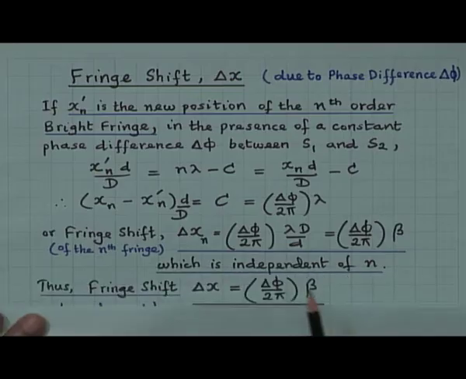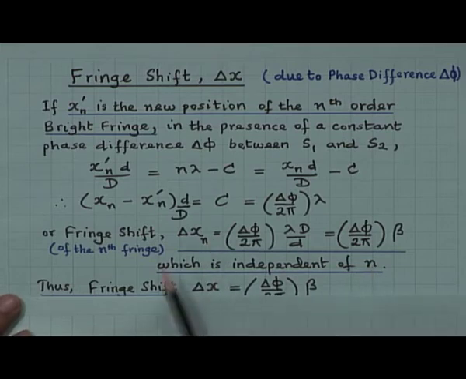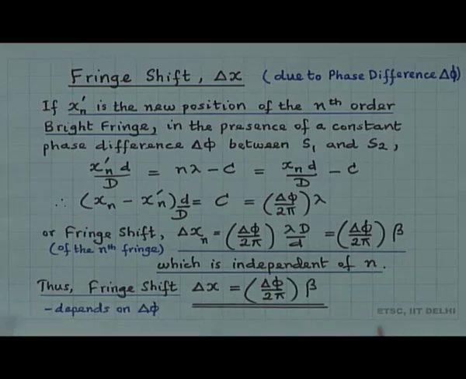Therefore, we see that this side is independent of n, whether it is the first fringe or fourth fringe or fifth fringe, it does not matter. It simply says the fringe shift is given by delta phi by 2 pi into beta. What does this mean? This means that the fringe shift delta x, now I drop the n because it is independent of n, is equal to delta phi by 2 pi into beta.